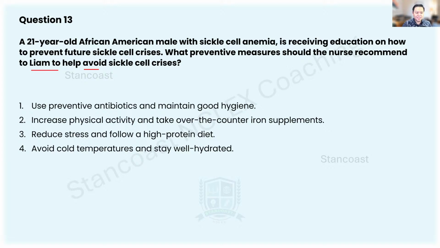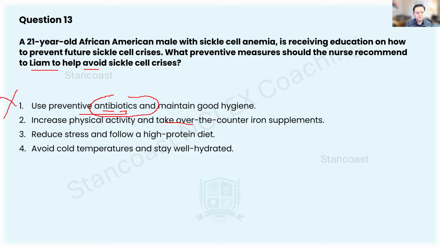Okay, let's eliminate the items. If you had answered number 1, preventive antibiotics and maintain good hygiene, is this going to be necessary? Preventive antibiotics are not routine treatment, okay? We don't see this as a routine treatment for a patient. It's only going to be given if the patient has an existing infection.